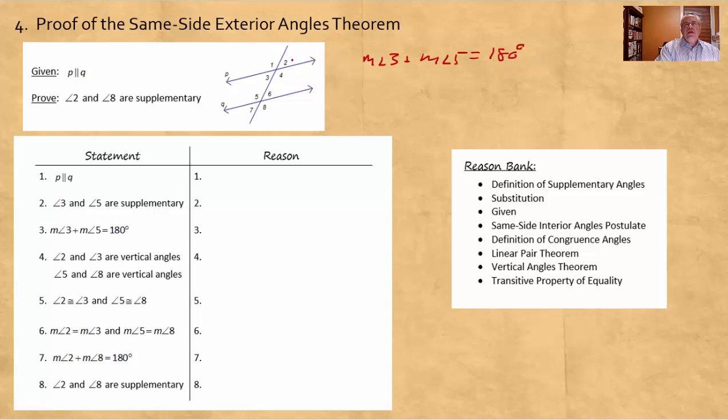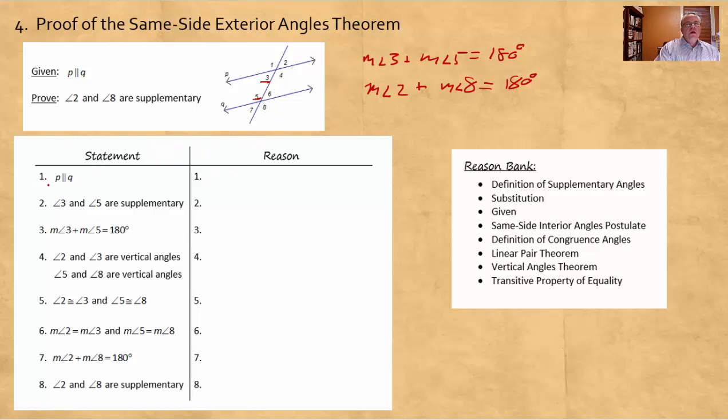Since 2 and 3 are vertical angles, their measures are equal, so we can replace 3 with 2. That's substitution. Then 5 and 8 are vertical angles, so their measures are equal, so we can substitute 8 for 5. And we'll have what we're looking for: the measure of 2 plus the measure of 8 equals 180, which means they're supplementary. So that's the game plan. Use these same side interior angles, replace them with 2 and 8.